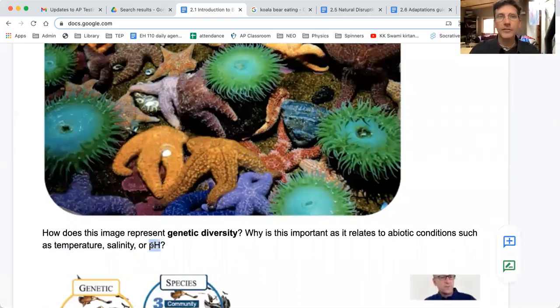And if you have a large genetic diversity, you're going to have some individuals within that population who are going to be able to adapt to those different conditions. I shouldn't say that the species adapt. You have some individuals that will be able to survive in those changing conditions. And as they then reproduce more effectively, the species will over time adapt to those new conditions through each generation.